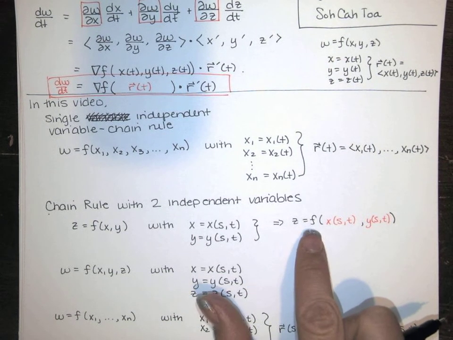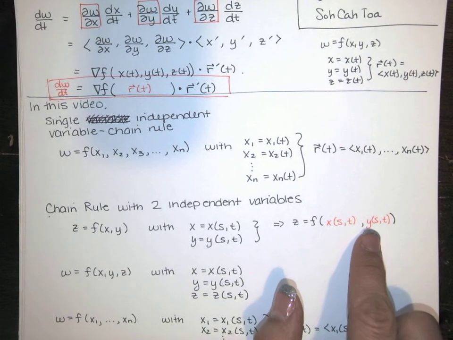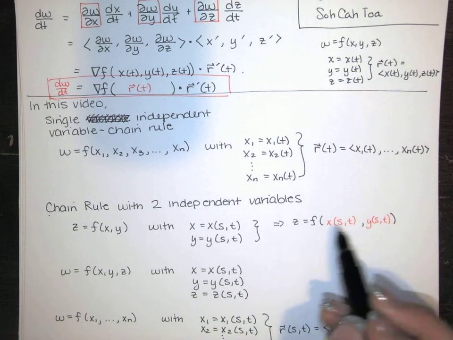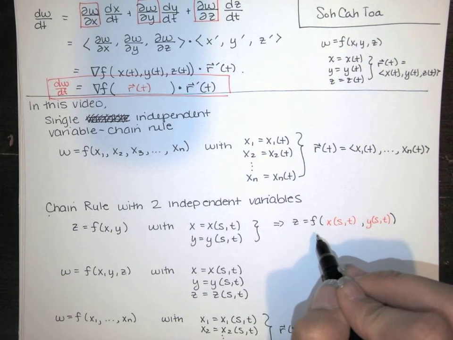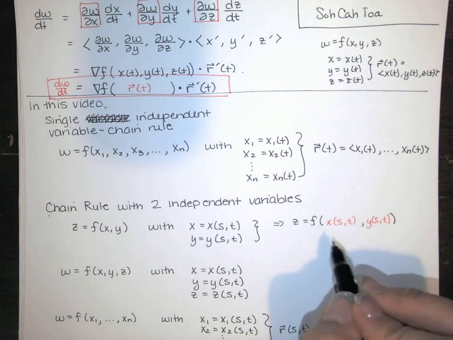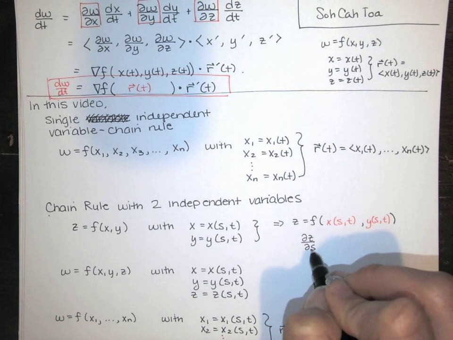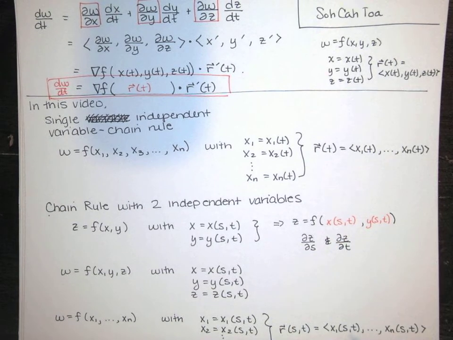So it doesn't make sense to take a derivative of this with respect to t alone now because it has two variables. So I can think of this as a function of two new variables, s and t, so I can compute two partial derivatives of this new function. I can take the partial of z with respect to s and the partial of z with respect to t.